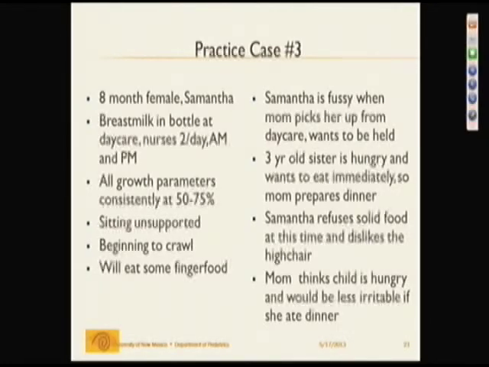So limited food acceptance you could actually use as a diagnosis, but again, remember this is not so much about the child, about mom. And you could use the knowledge and belief section.